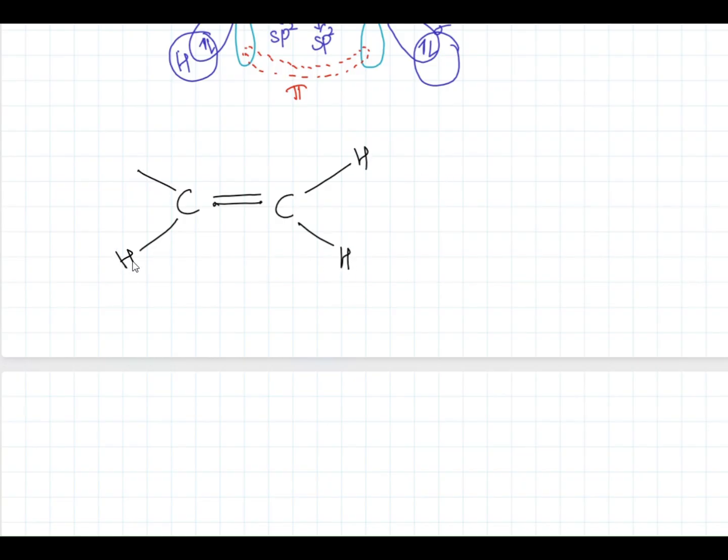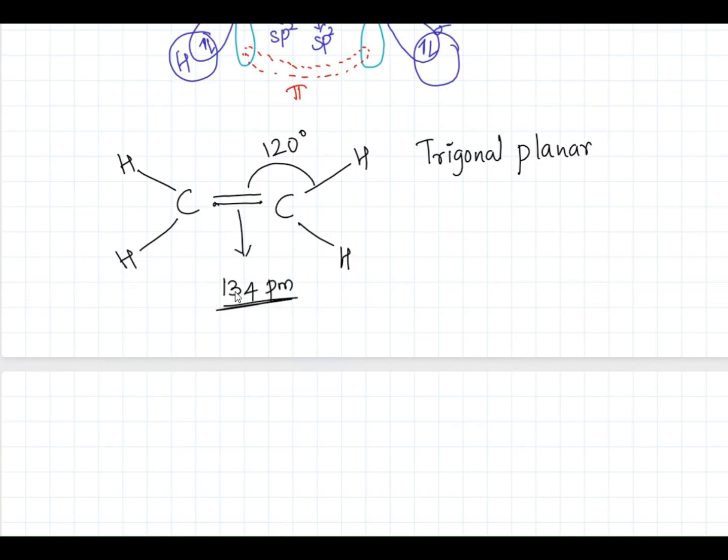The geometry is trigonal planar, and the bond angle is 120 degrees, and the carbon-carbon double bond length is 134 picometer. It will exhibit trigonal planar geometry and a bond angle of 120 degrees with a bond length of 134 picometer.